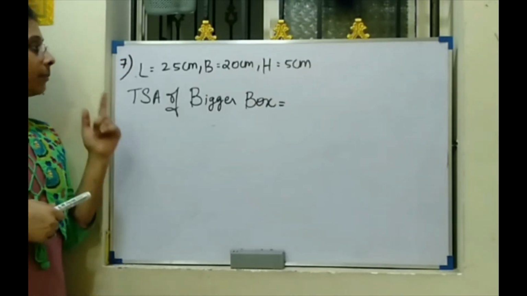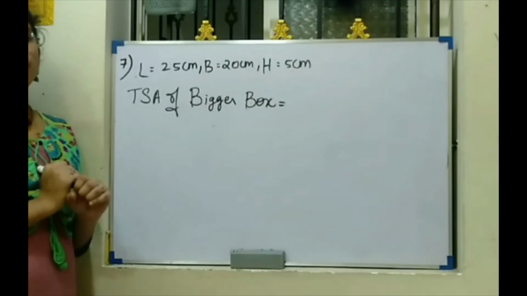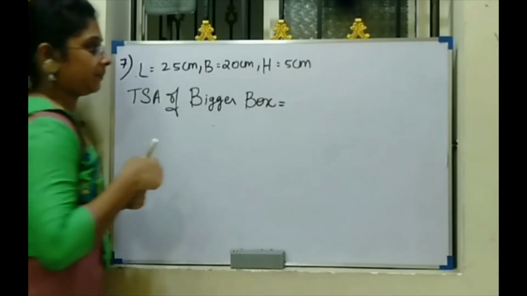To make a difference, I am keeping them in capital letters. So what is the formula for total surface area of the bigger box?